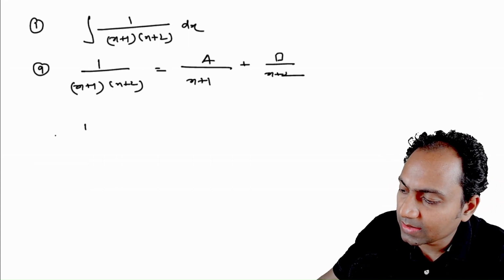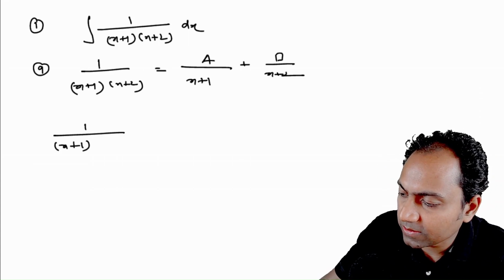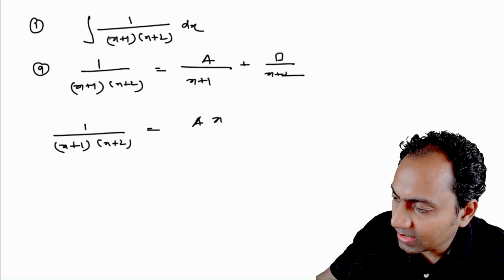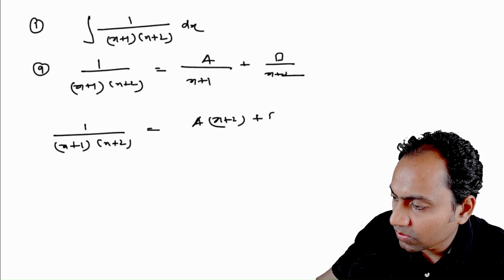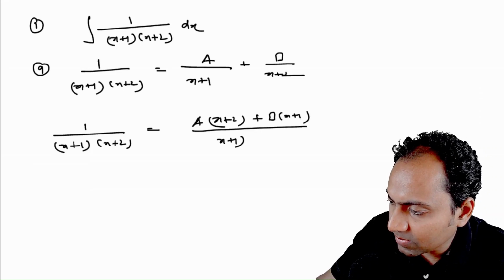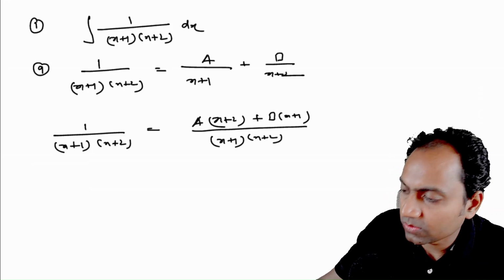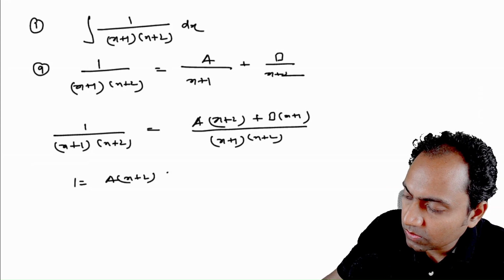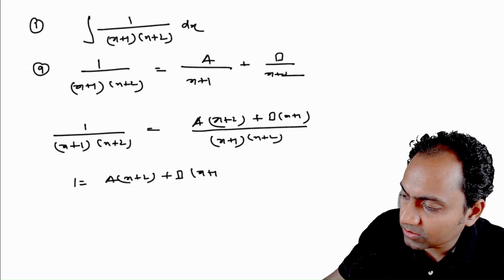Now we can take the LCM on the right hand side, and it becomes a times x plus 2 plus b times x plus 1 by x plus 1 into x plus 2. So 1 becomes a times x plus 2 plus b times x plus 1.